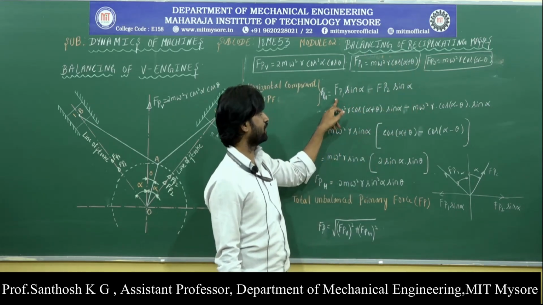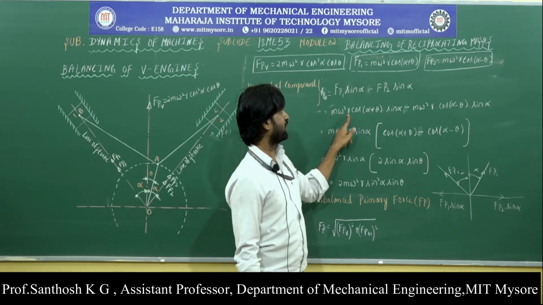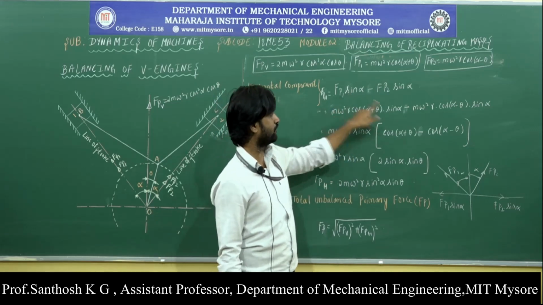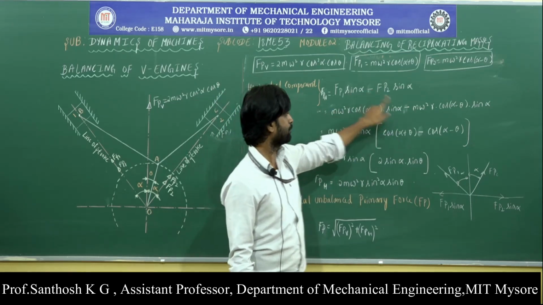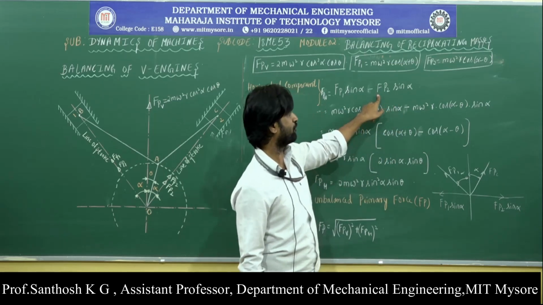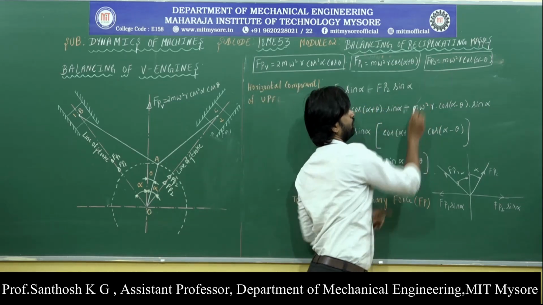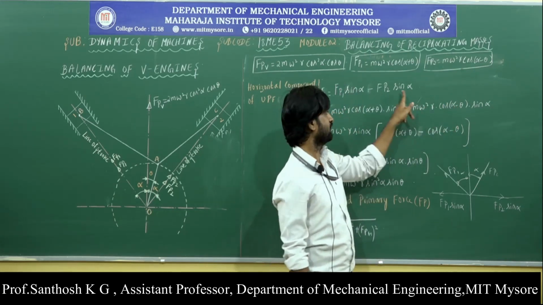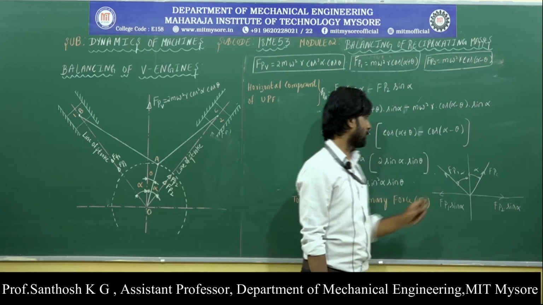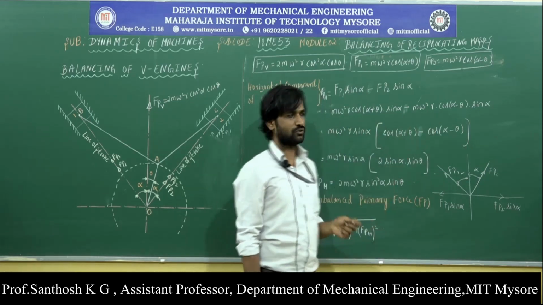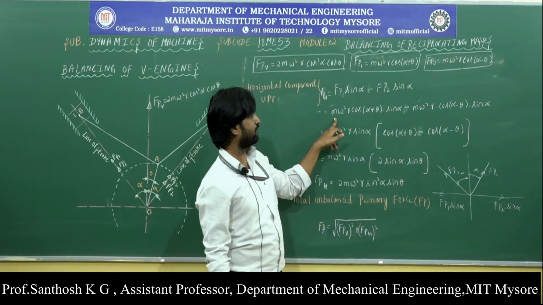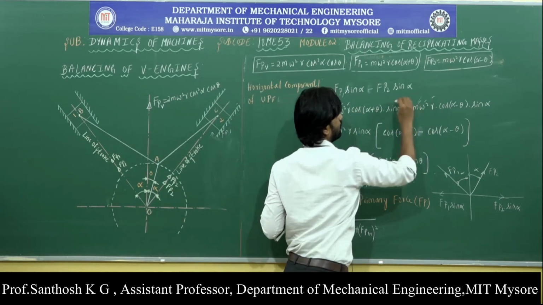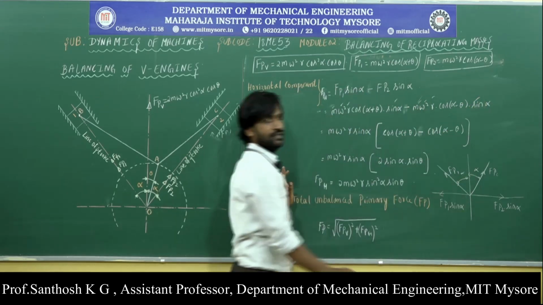In place of Fp1 we are writing m omega square r into cos of alpha plus theta, then we have sin alpha, then the minus sign, and in place of Fp2 we have written m omega square r into cos of alpha minus theta, then we have sin alpha. Now if you observe these two terms, we have m omega square r, along with that sin alpha, in common.